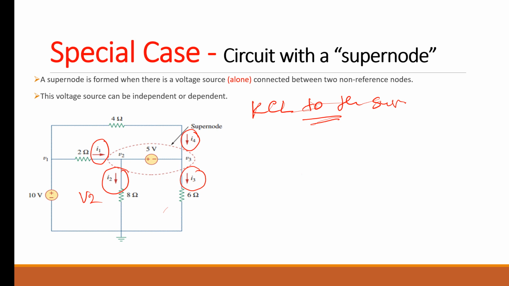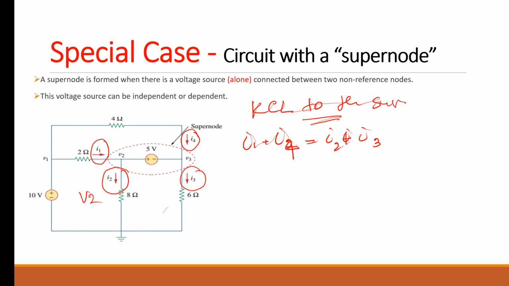We write it for the supernode. So whatever current is coming into the supernode equals the current going out. In this case, we have I1 coming in and I4 coming in. So I1 plus I4 is equal to I2 plus I3.